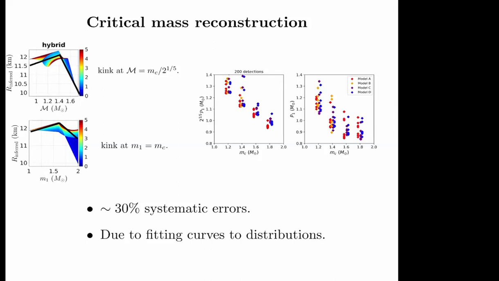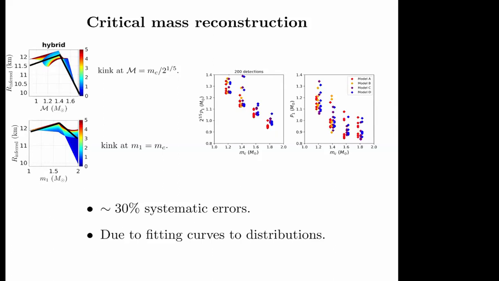We're fitting curves to distributions, and obviously, even though the distributions themselves have kinks at a specific location, because you're fitting a curve to a distribution, the curve itself won't have a kink that occurs at the same place. That I hope is clear. If it's not, you can raise your hand and ask me about it.